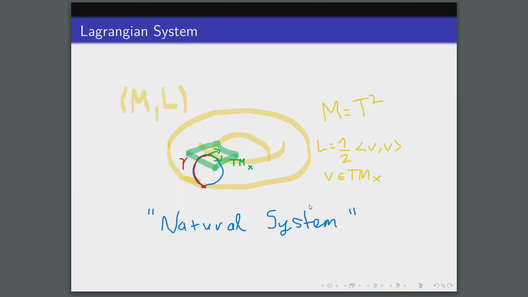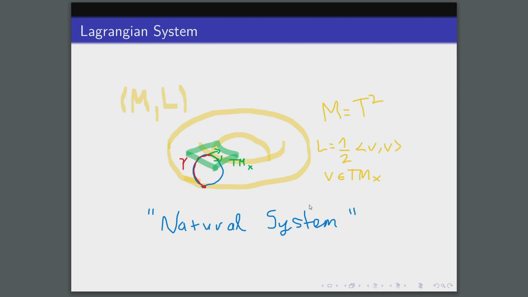Okay, so as I mentioned before, what we're interested in is motions of a mass point on the torus. You can imagine a torus coming up in a natural system if you have a force field which is really strong and pointing towards the torus, or the donut, if you will. Then the particle, or the mass point, is forced to move along the torus.